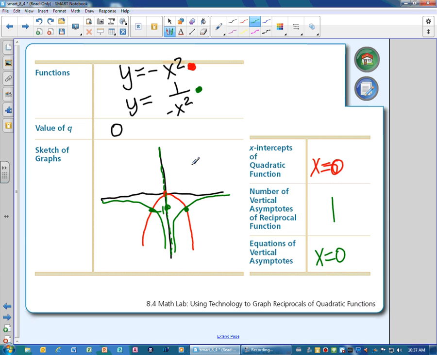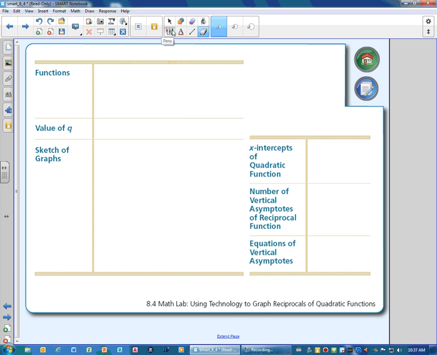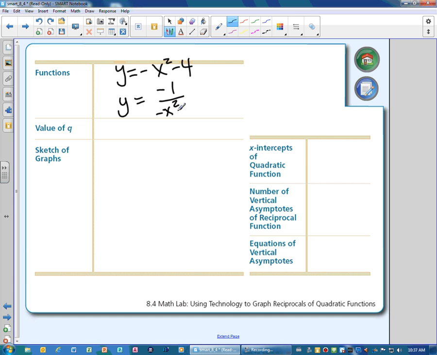And the very last one, because I think I've covered almost every single kind of graph you can have. The very last graph, we will do y equals negative x squared minus 4, and its reciprocal.